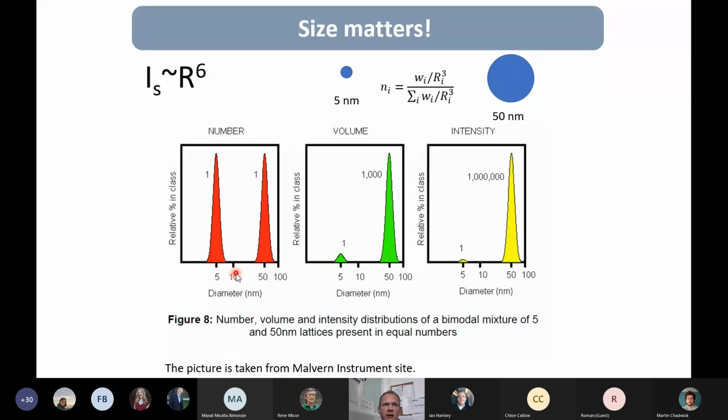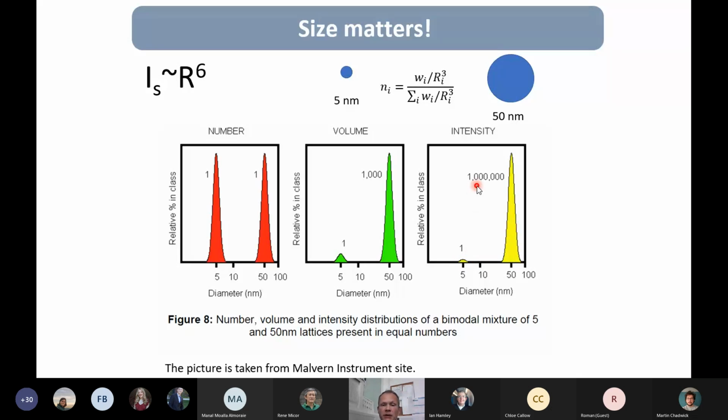And in solution, we will make them with the same concentration, so their molar ratio will be 1 to 1. But making dynamic light scattering experiments, measuring the scattering intensity, we will end up with something like that. You can see that the program analyzing the dynamic light scattering will show you two peaks, and one peak is much stronger than the other one.